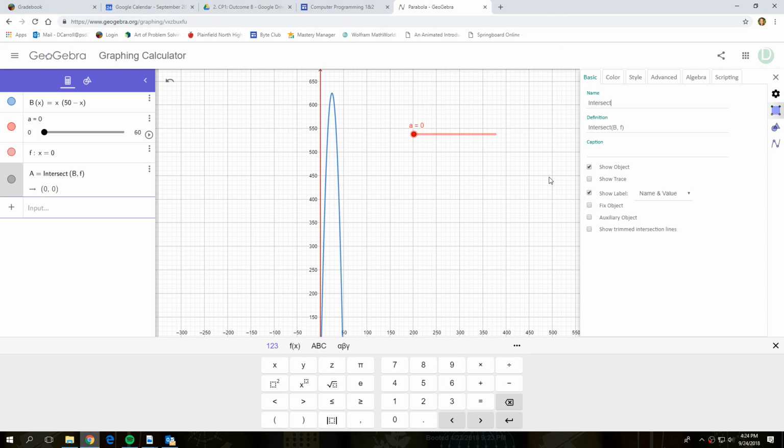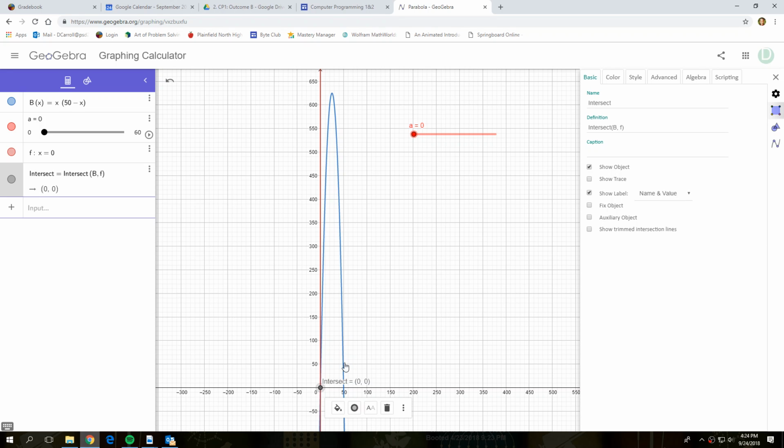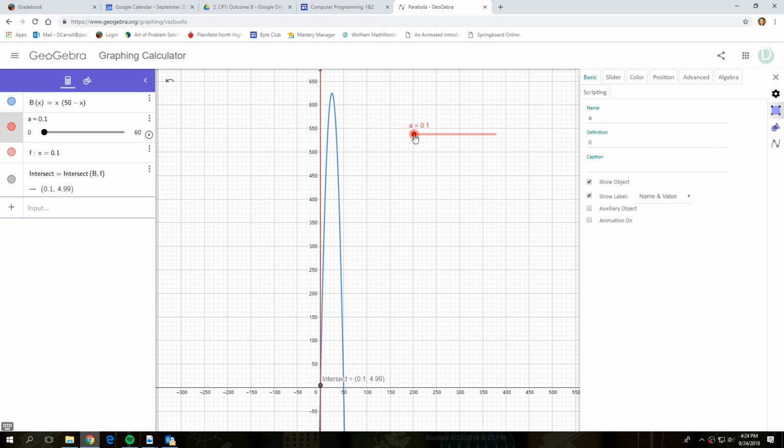Let's see if that'll work. Oh, it does work. Okay, because all I really want here is to move this line going across the X and then figure out where it crosses, where that intersection point is, as you can see.